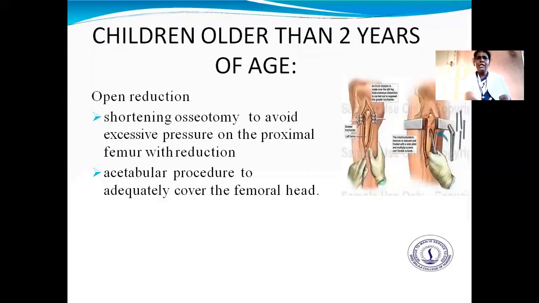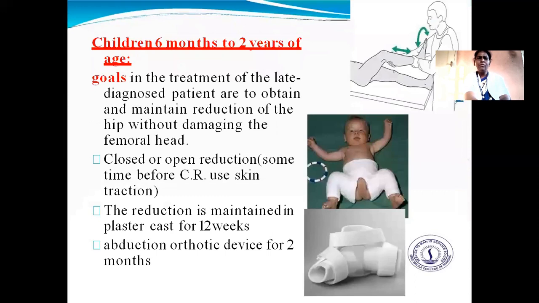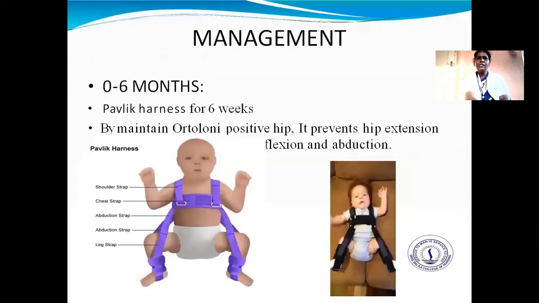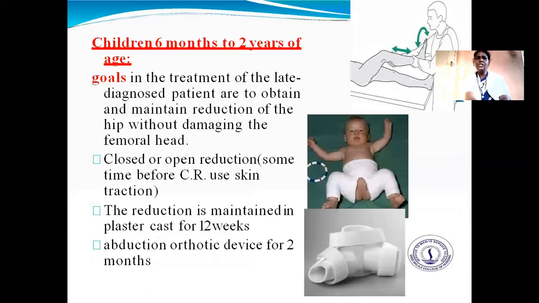So till now we have seen the treatment for developmental dysplasia of the hip. For 0 to 6 months, pelvic harness for 6 weeks, to maintain the Ortolani positive hip; it prevents hip extension, flexion, and abduction. Then for children 6 months to 2 years, the goal is to obtain and maintain reduction of the hip without damaging the femoral head, with closed or open reduction.